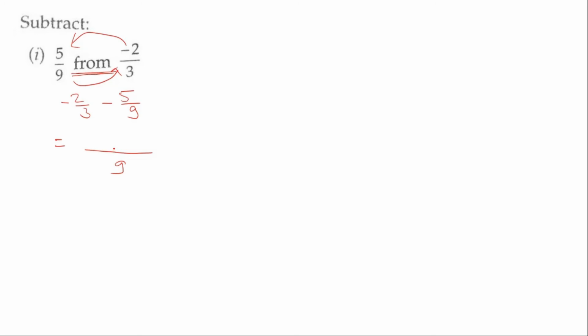So 3 3s are 9, minus, then we will write 2 into 3 minus 5. So it will be minus 6 minus 5 by 9, or minus 11 by 9, or we can convert it into a mixed fraction this way.